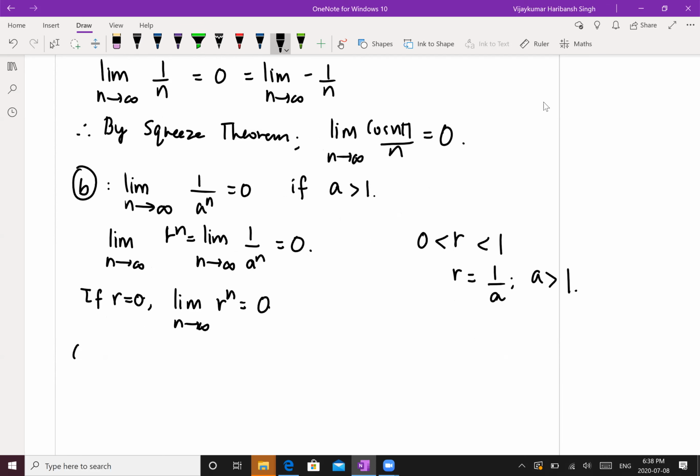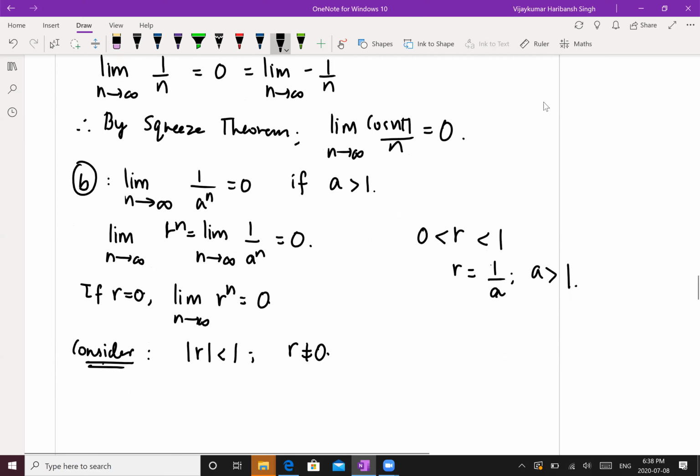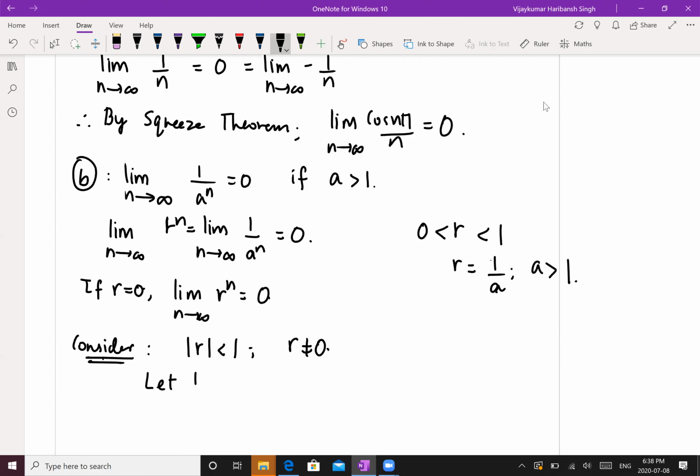Now consider the absolute value of r less than 1, for such r, and r is not 0. In this case, the absolute value of r can be written as 1 by a, where a is greater than 1.